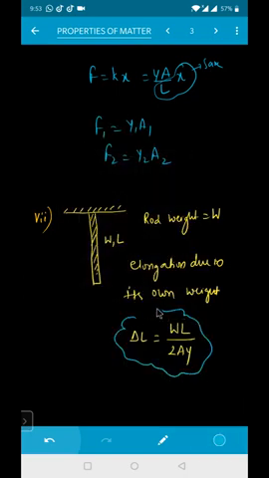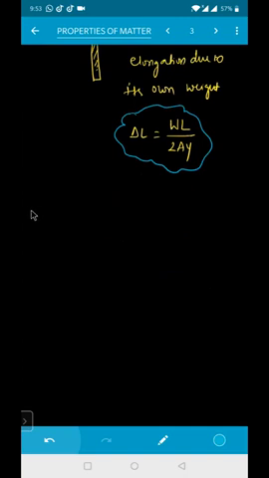If the body is hanging due to its own weight, then the extension is given by the formula: delta L is equal to the weight of the body, that is W, which is M into G. So that is W into L divided by 2 times A into Y. Is it clear? Next point. Eighth one.